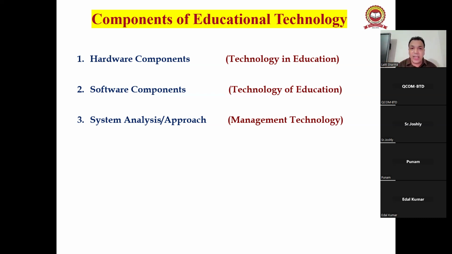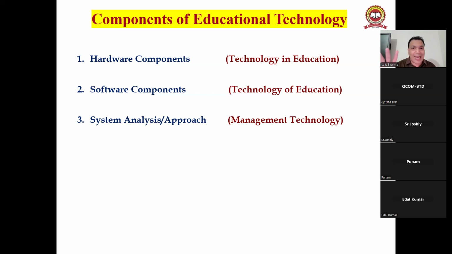We have discussed various types of technology: audio, video, text, graphic, internet, intranet, multimedia, streaming text. When we use them in the teaching learning process in order to solve the educational problem, it is called educational technology. So technology in education means hardware component.